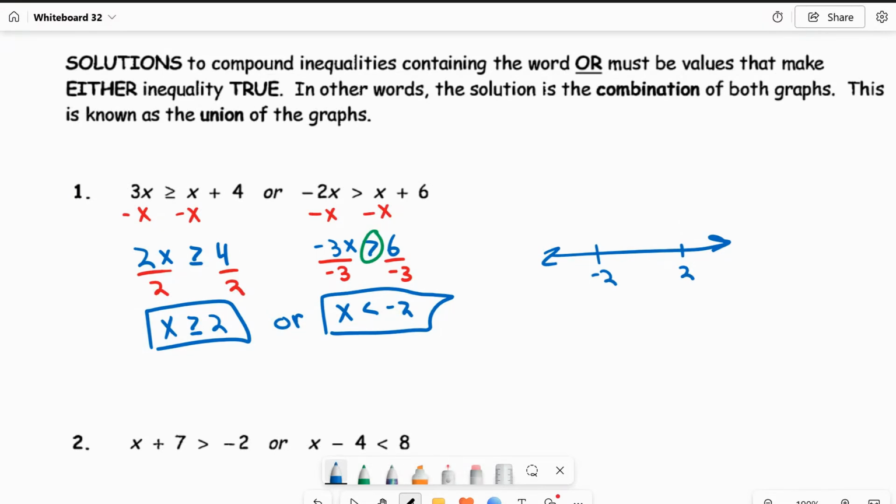I know that x is greater than or equal to 2, so I'll use a solid point, shade to the right. And for my second graph, I have x is less than negative 2, so I'm going to use an open point shaded in the negative direction or the left.